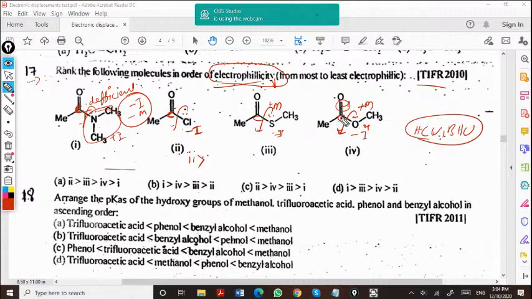So electron density on the carbon is comparatively more for oxygen. Here the deficiency will be more for sulfur, so it will be more electrophilic than the first one. So option 2, 3, 4, option D is correct. This was asked in TIFR 10 years back.